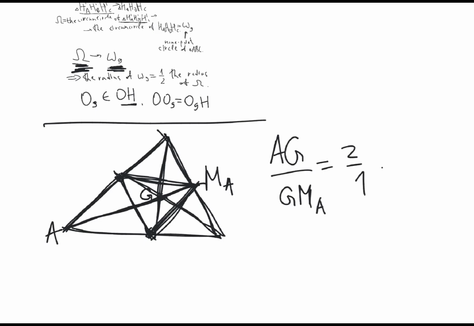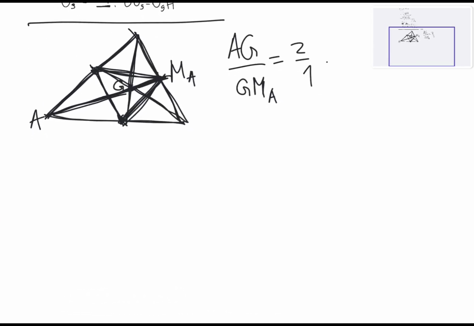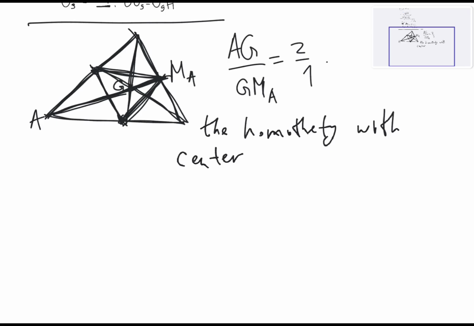So this means that if we consider the homothety with center G, the centroid, and coefficient minus 1/2, right?